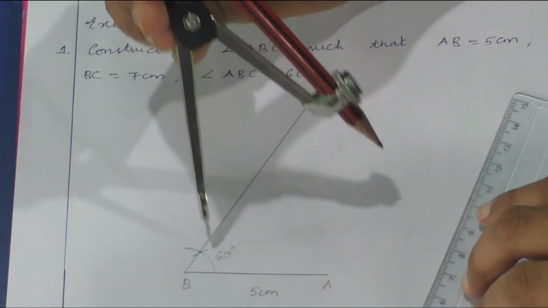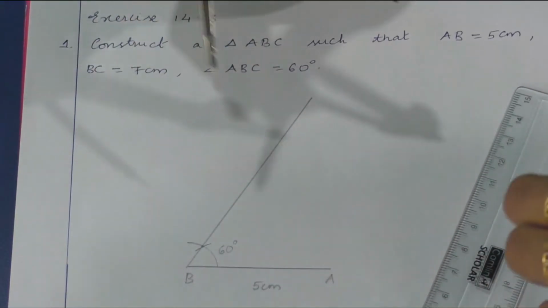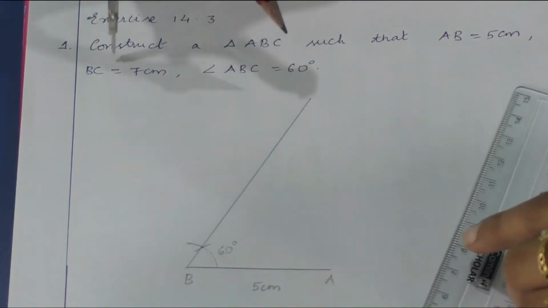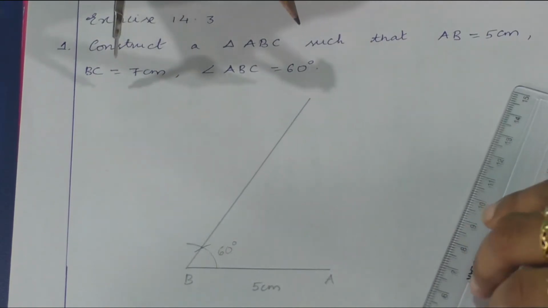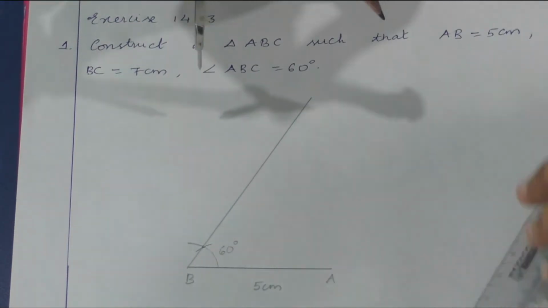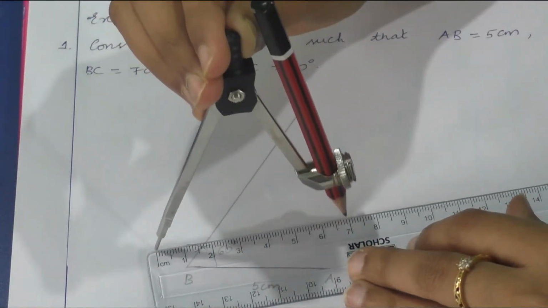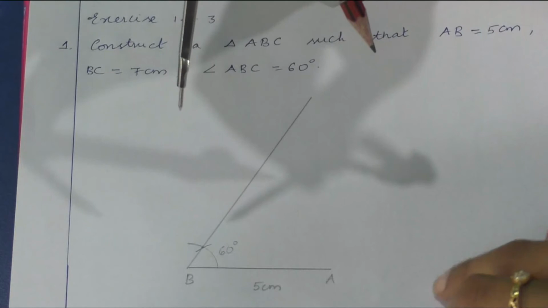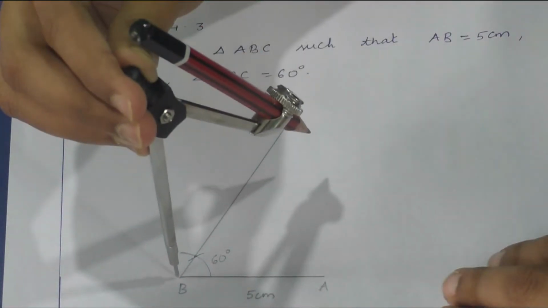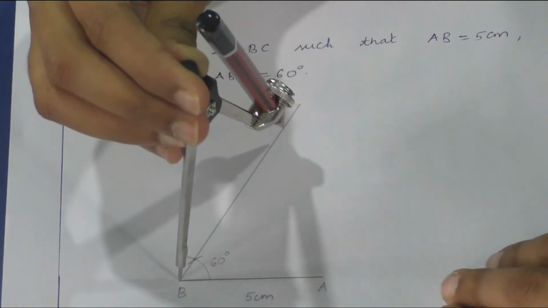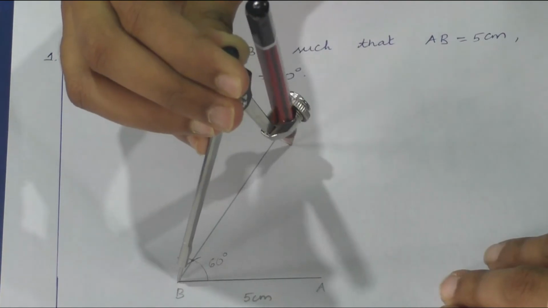So we have drawn 60 degree angle here and we have one more length given which is BC and it is 7 centimeter. So using your scale and the compass, measure 7 centimeter and keep the tip here and draw the arc.